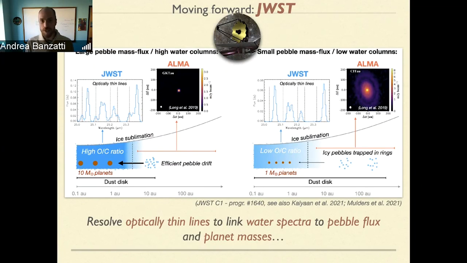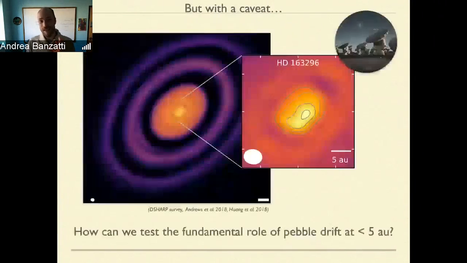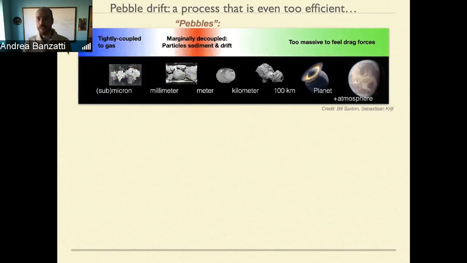Those ALMA images, if we go back to those, are mostly sensitive to only a range of solid sizes. We don't see, a little bit similarly really to this picture, the super small dust grains, and we don't see the large bodies beyond 1 meter, actually beyond a few centimeters really, or decimeters.